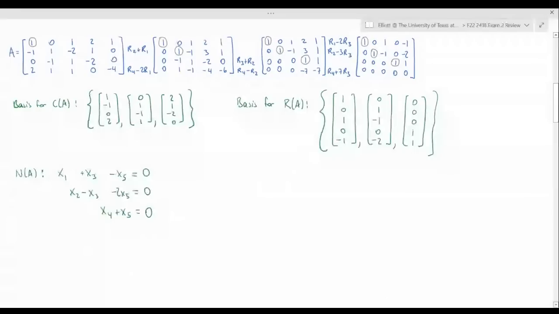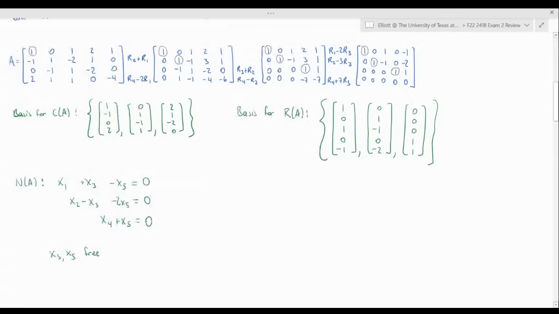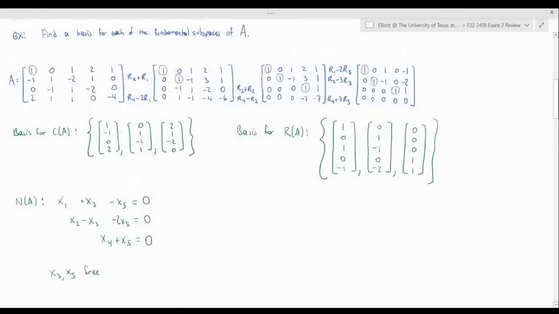And then here we can do this the same way that I did in the last problem with the complete solution. X3 and X5, we can make those the free variables, because the third and the fifth columns did not have a pivot when we had reduced at the end.